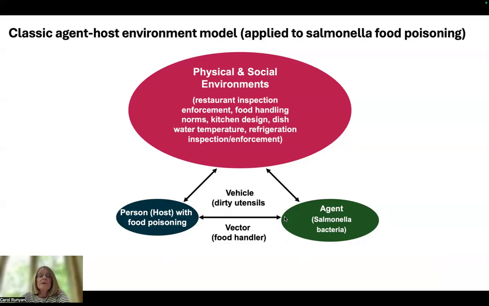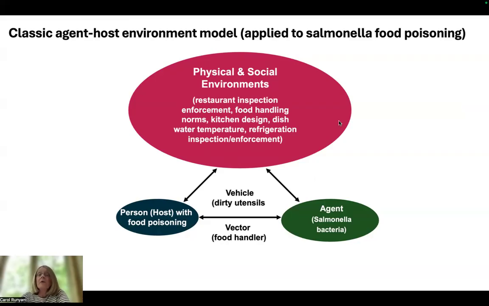And it's transferred to the host either by vehicles, inanimate objects like dirty utensils perhaps, or by a vector, which is animate, a human or animal. In this case, an example might be the person who handles the food, who may be sick themselves and didn't wash their hands properly. And this all happens within the context of both the physical and social environments.